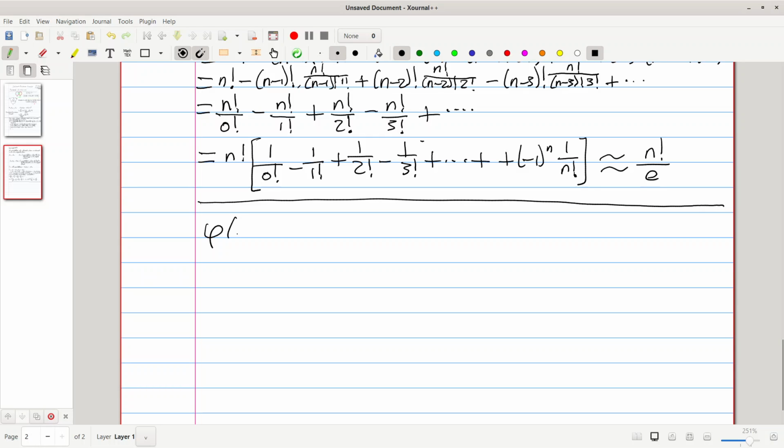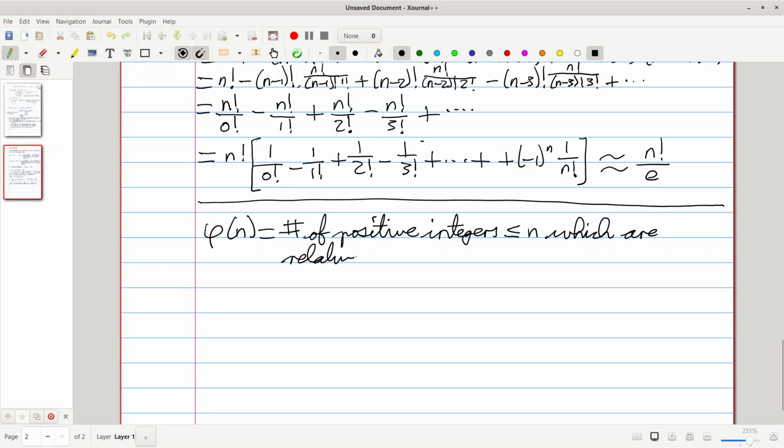So you should know Euler phi function phi of n is equal to the number of positive integers which are less than or equal to n, which are relatively prime to n.